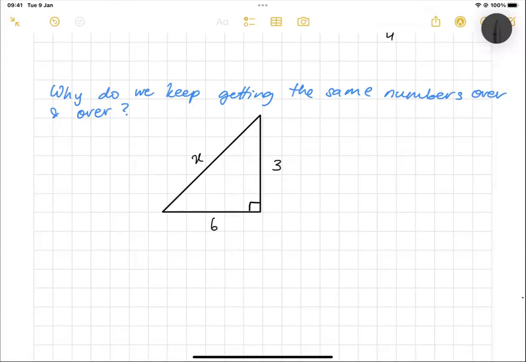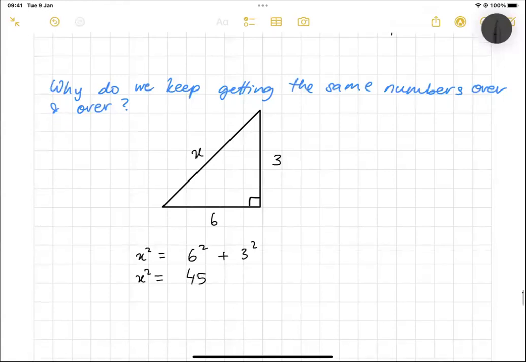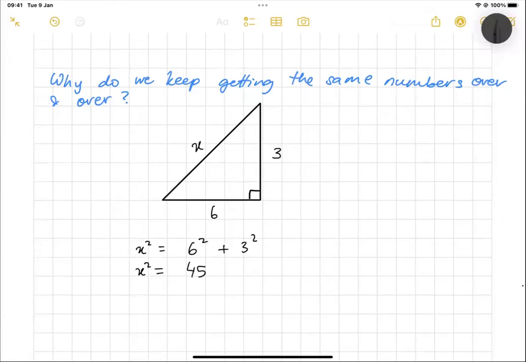Let's call that x. To find that, I will go x squared equals 6 squared plus 3 squared, right? 36 plus 9 should equal 45. So it'll be x squared equals 45. How do I get rid of the squared? I would have to square root it. So my x would be square root of 45.